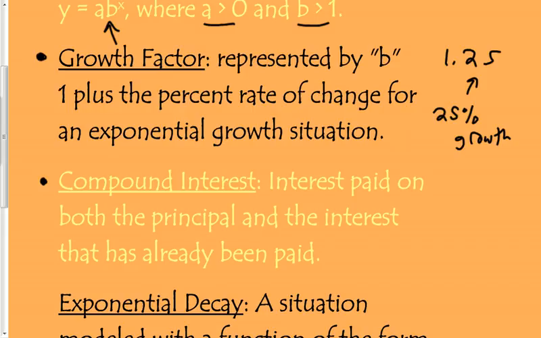Meaning, if you owe money for some sort of loan, you owe the bank interest. They charge you interest on the money that you owe, and if it's compound interest, you also would owe interest on the interest. So as the interest grows, then you owe interest on that. So the faster you pay it off, the better in that case, because the less interest you have to pay. But anyway, we're going to look at that a little bit.